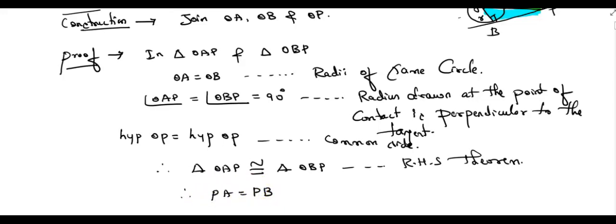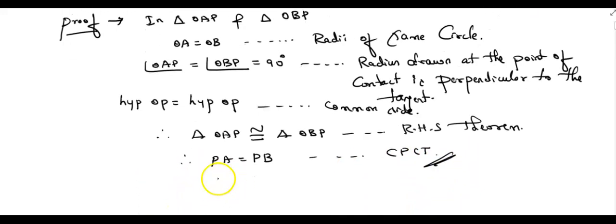You can write the reason CPCT. Hence proved. We have proved that since the triangles are congruent, then definitely both the tangents are also equal. Any doubts? Good. We are supposed to write this number of steps.